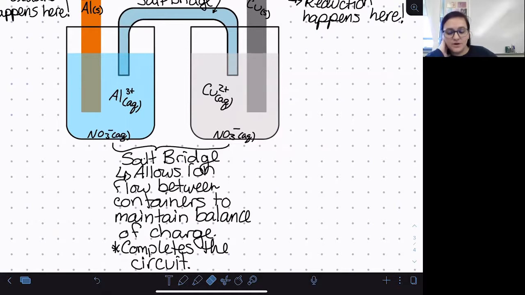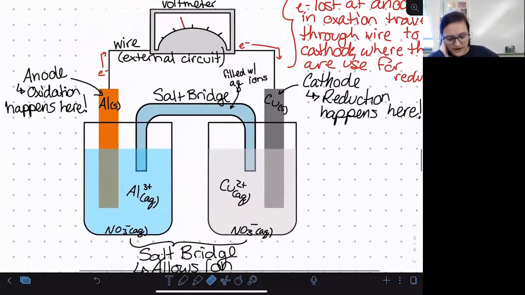So within our salt bridge, we have electrons traveling this way. We have negative charge flowing left to right, which means that negative charge also wants to flow right to left, and positive charge also wants to flow left to right as well.